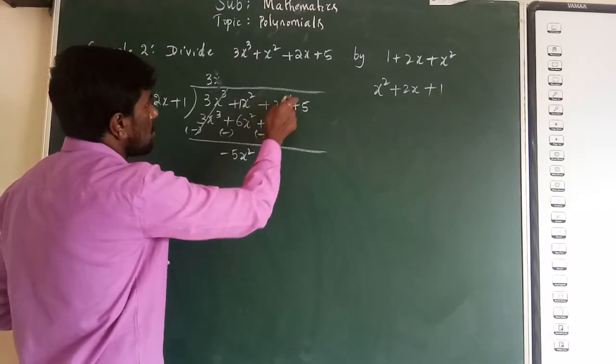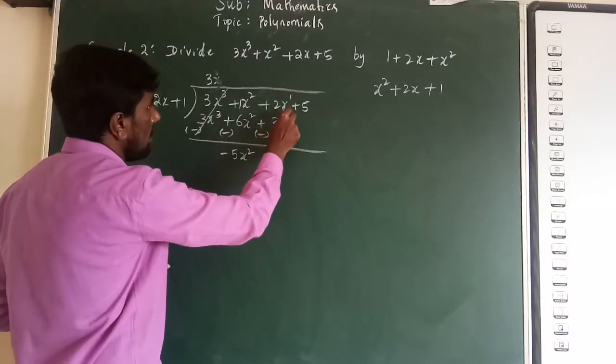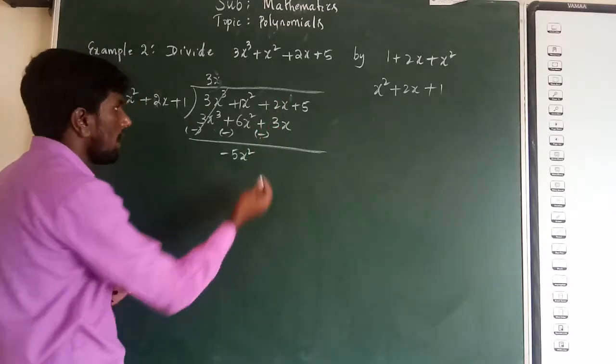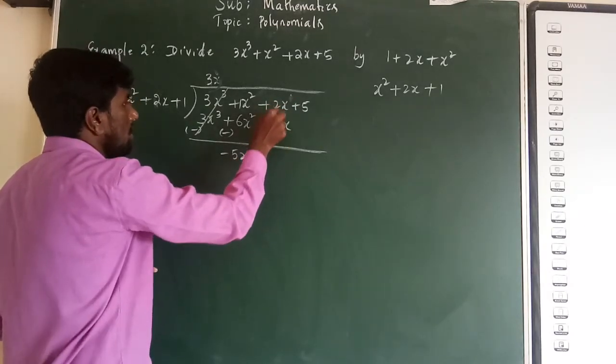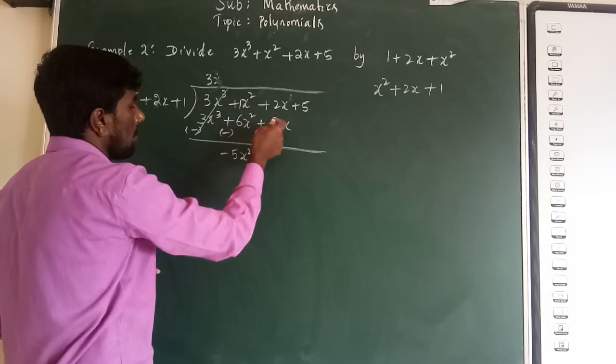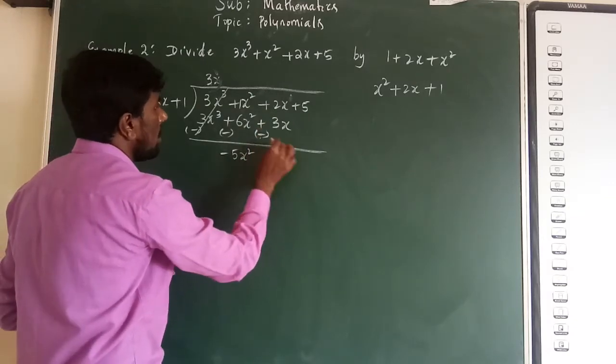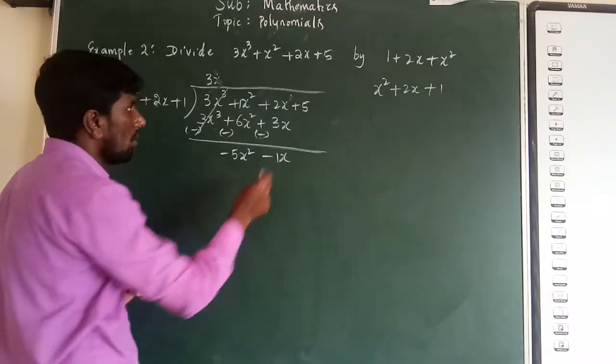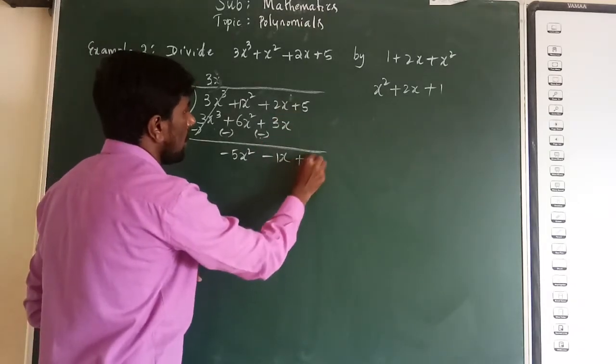Here it is 2x minus 3x: subtract 2 from 3, I get 1x. The higher value is 3, and before the 3 I have a negative sign, therefore it is minus x. Then plus 5 as it is.